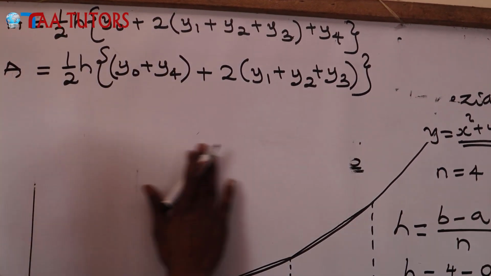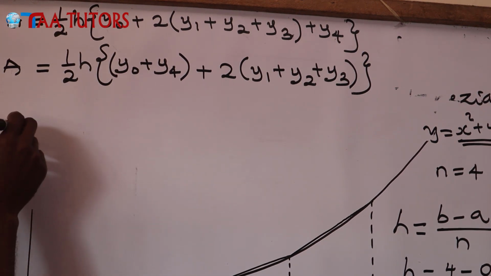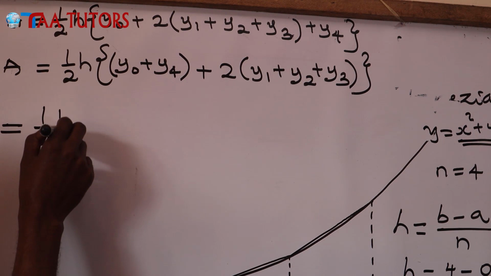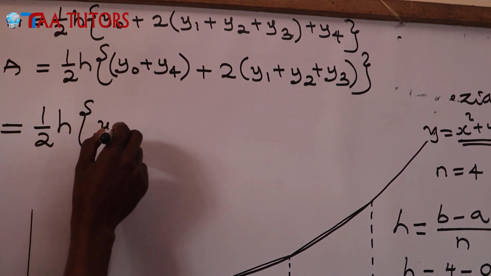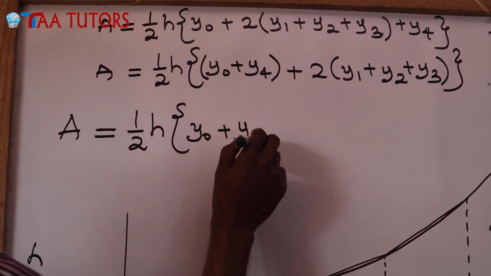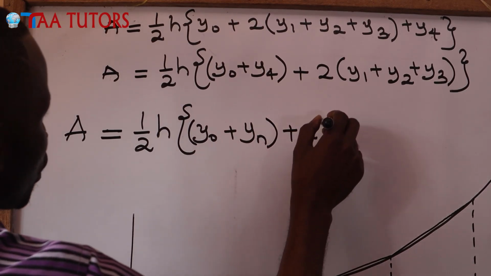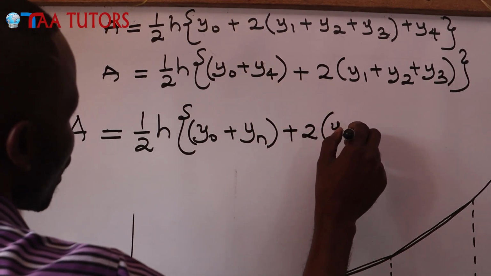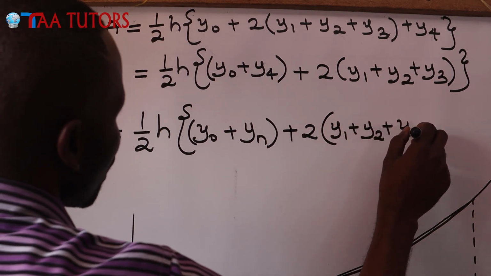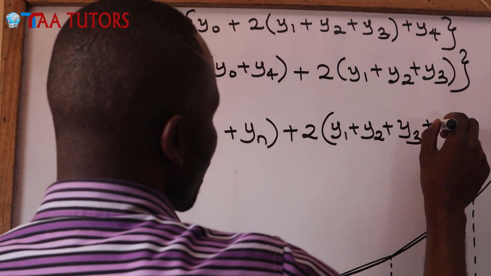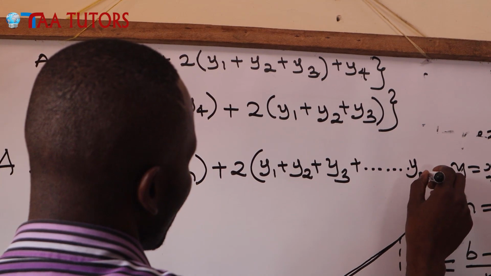Now, if you have many values of y, the general trapezium rule will be area equals a half h into y0 plus yn, where n could actually be unknown, plus 2 into y1, y2, y3, plus, we don't know what is there, up to yn minus 1.